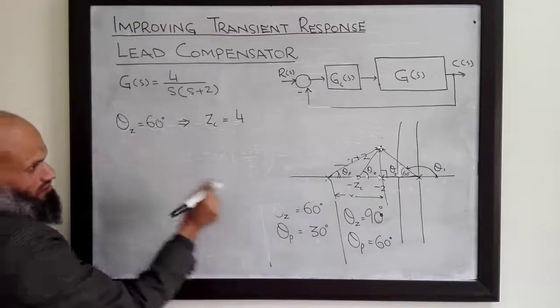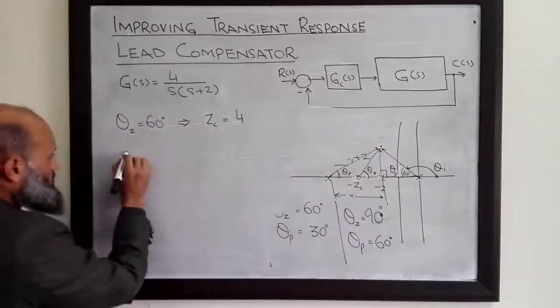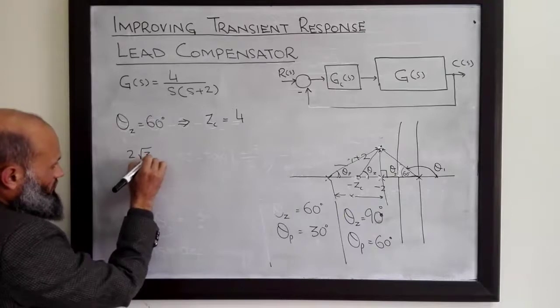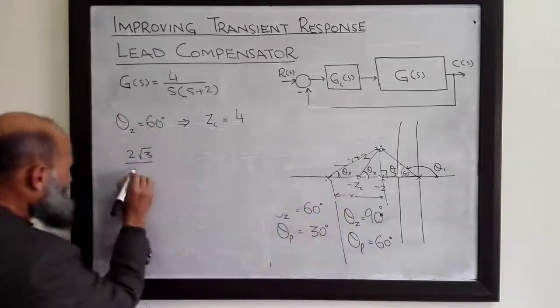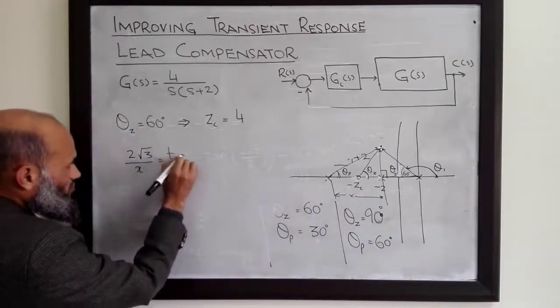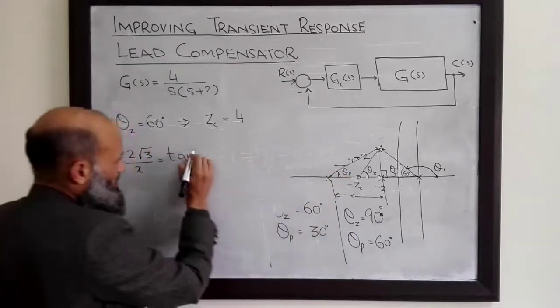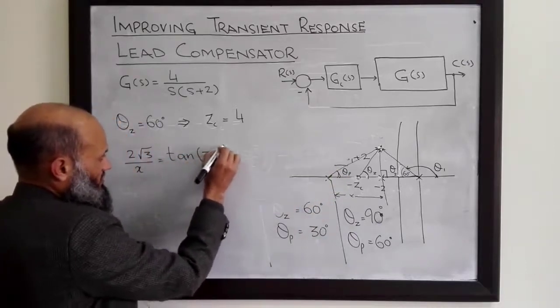So this height, which is 2 into square root of 3, divided by this length x, is equal to the tangent of this angle, which we want to be 30 degrees.